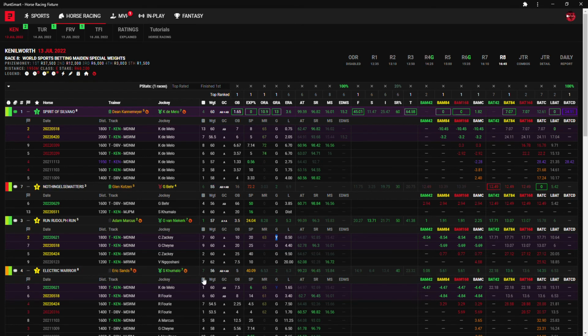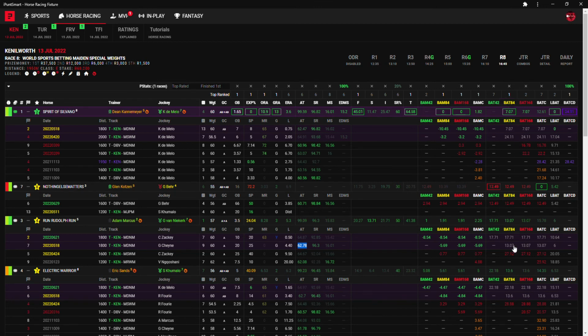So when you look at the previous one, that's in a good 62.78 versus a 62.47, carrying the same 60 kilos, but the difference is that Spirit of Silvano was 0.75 lengths and Rudolph Run 4.4, so there's a 4 lengths difference on that, which then converts to the difference here, which you see is 6 lengths between the two.